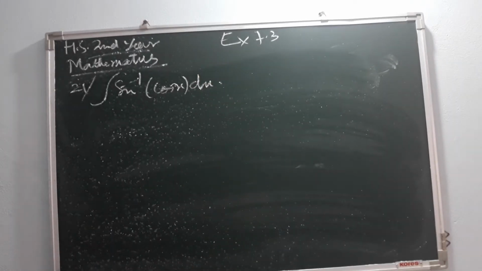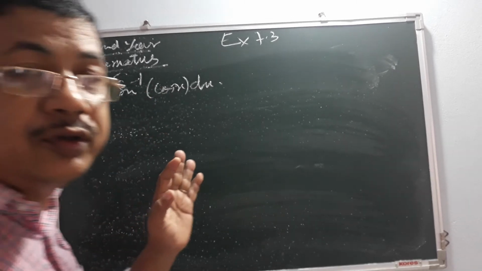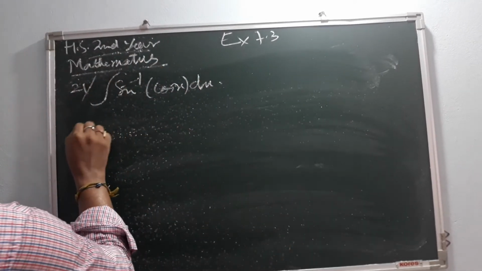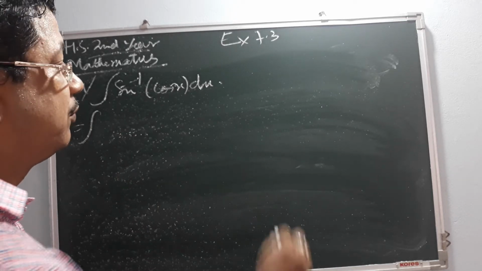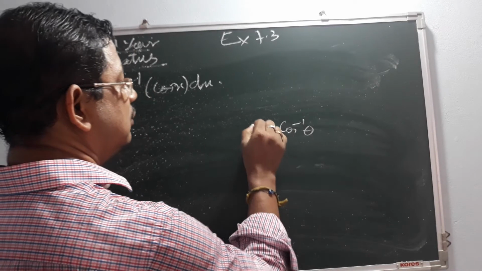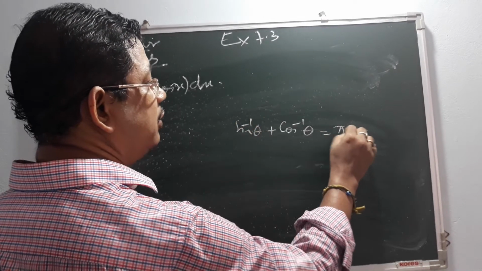Now students, see what we can do for this one. Here, integration of sin inverse is not in our formula. So we can use the identity sin inverse theta plus cos inverse theta is 90 degrees, that is pi by 2.